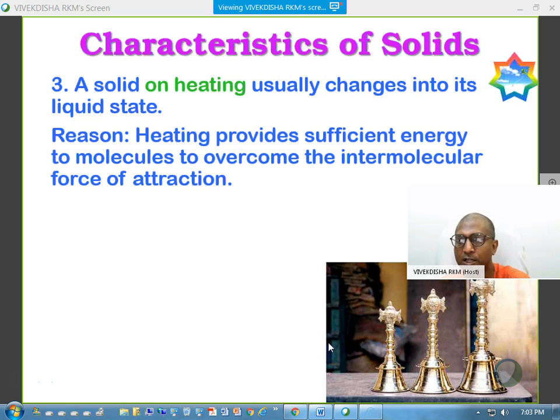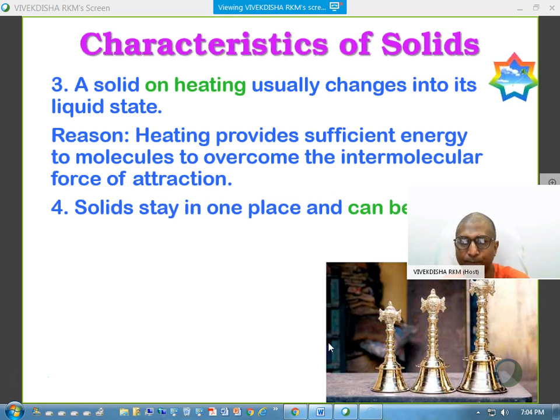But if you provide heat, then the intermolecular attraction will be less, and that's why it will become liquid. So heating provides sufficient energy to molecules to overcome the intermolecular force of attraction. Is it okay for all of you? Otherwise, ask me. I think these are simple things to understand from the molecular point of view.